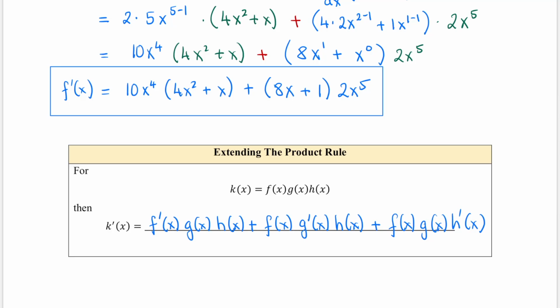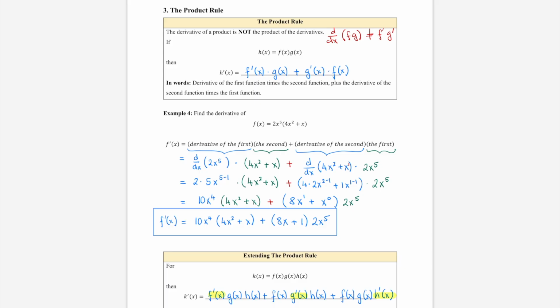So the idea is similar. Each term takes the derivative of one function while the other functions stay unchanged. So we learned the product rule, which helps us find the derivative when functions are multiplied together. The key idea to remember is that the derivative of a product is not the product of derivatives.